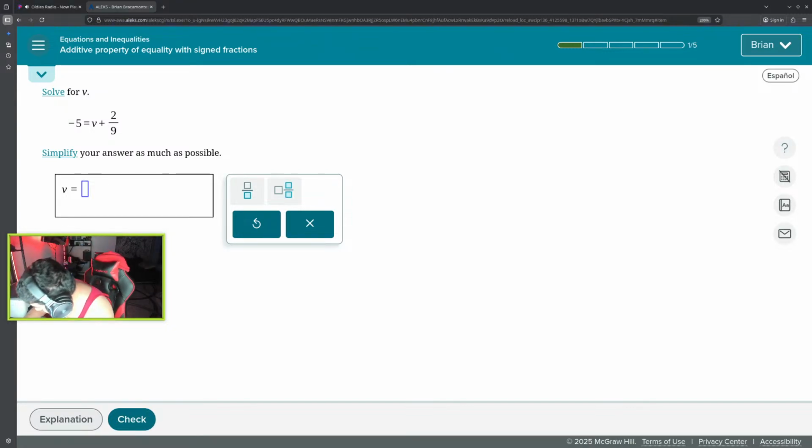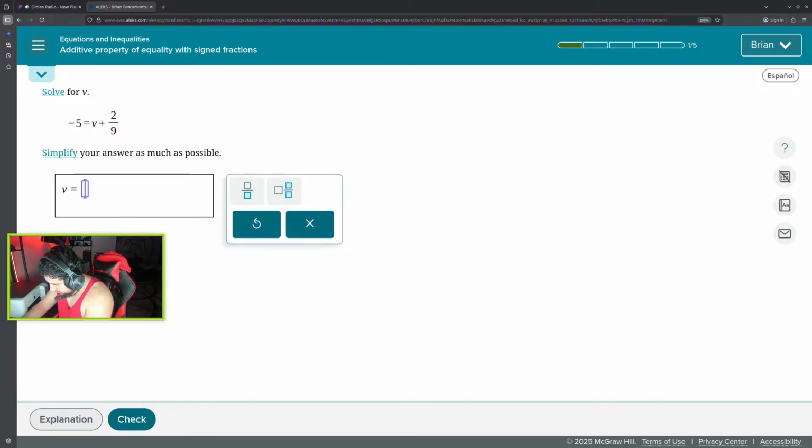Let's see. Minus 5 equals v plus 2 over 9. We need to get rid of the 2/9. So v equals, let's see, minus 5 minus 2 over 9.